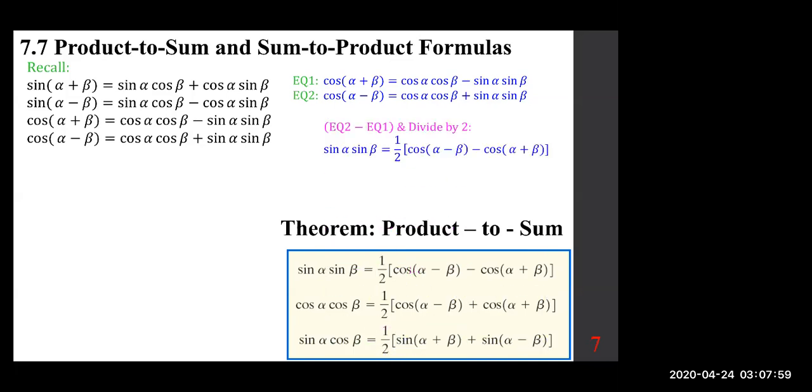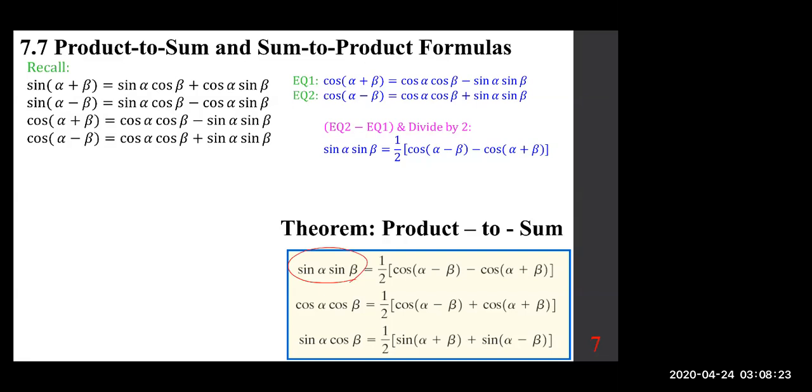do equation 2 minus equation 1, and we divide it by 2. I hope you see that equation 2 minus equation 1 divided by 2 gives us the formula for sine alpha sine beta.